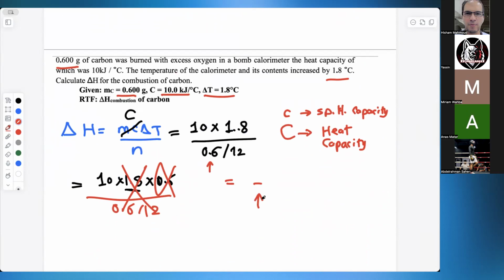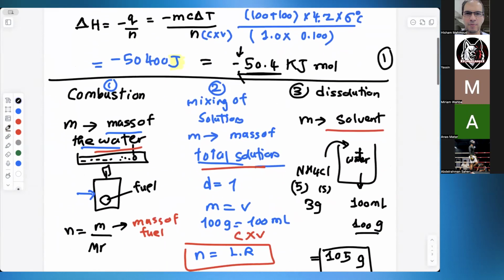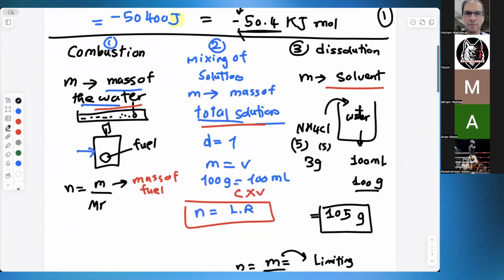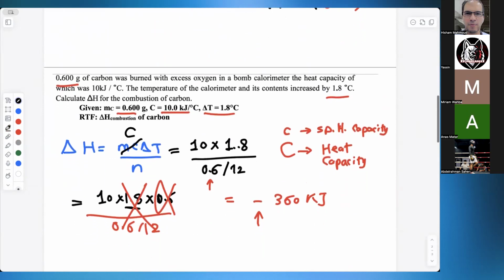So negative 360 kilojoules, and take care again, the unit comes according to the C. The unit here was joules because I used joules in the specific heat capacity, so the answer came as joules. After that, I can change it into kilojoules, it's fine, but originally it came as joules. And here the heat capacity was in kilojoules, that's why the answer should come directly in kilojoules per mole of the substance.